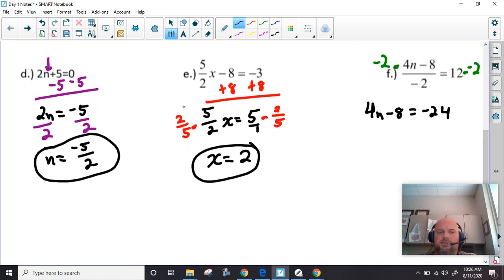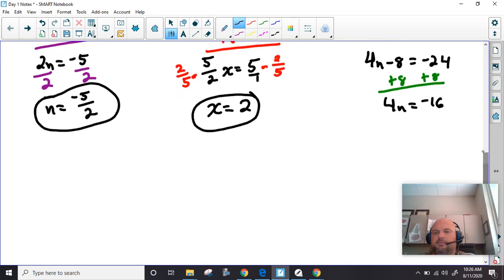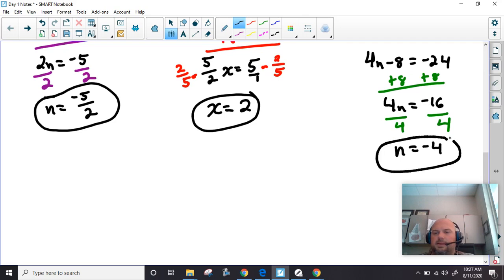So now it's just like one of these other two. So we're going to add 8 to both sides. 4n equals negative 16. Divide by 4, divide by 4. n equals negative 4.